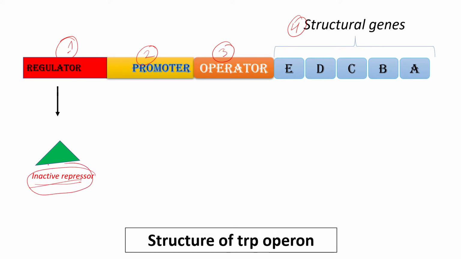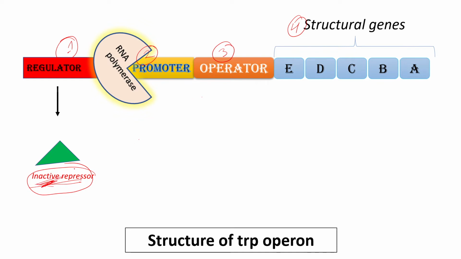What does the promoter do? Promoter acts as the binding site for RNA polymerase. Number three is our operator. What does the operator do? Operator is the binding site for the active repressor. Active repressor. This is in an inactive state.